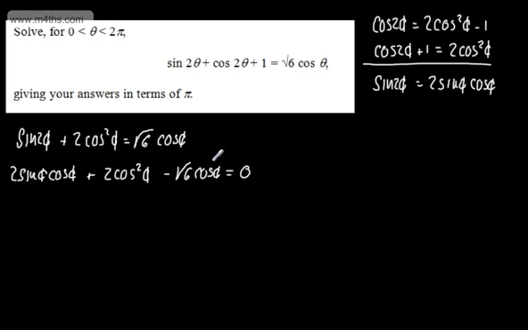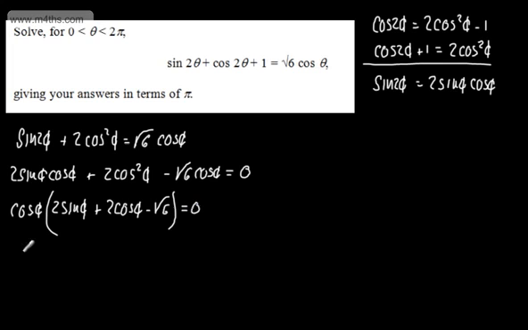We can see a common factor of cos theta, so let's factor that out. We have cos theta times (2 sine theta plus 2 cos theta minus root 6) equal to 0. So let's consider the two scenarios here.